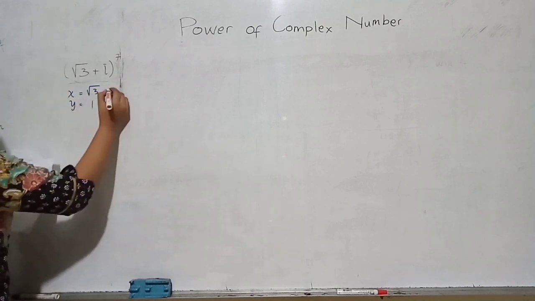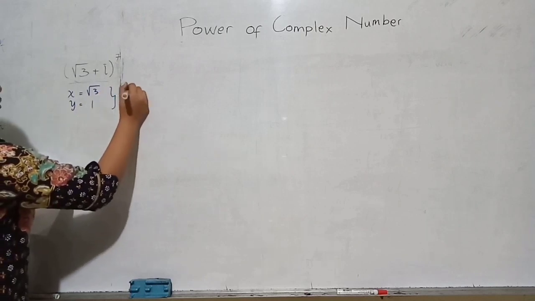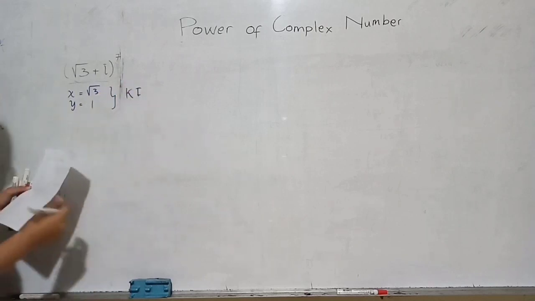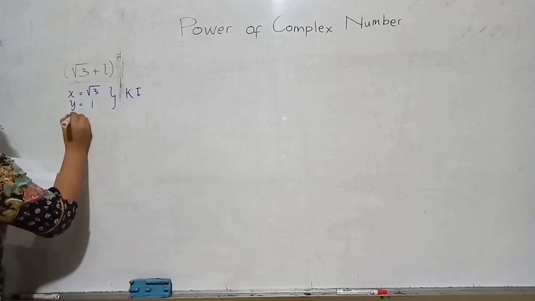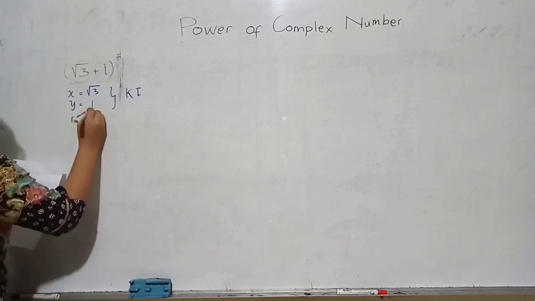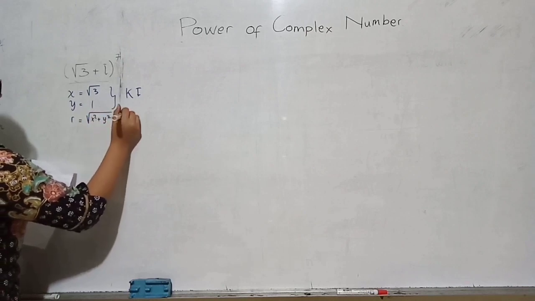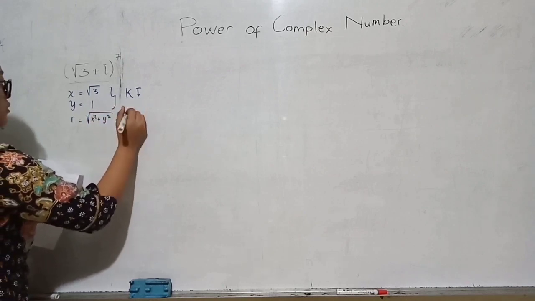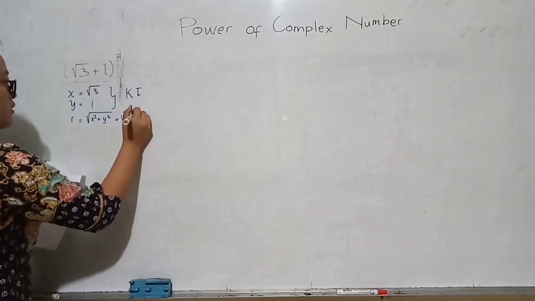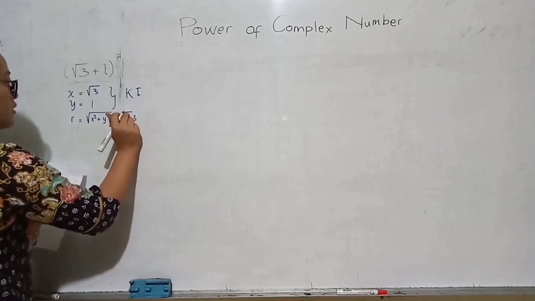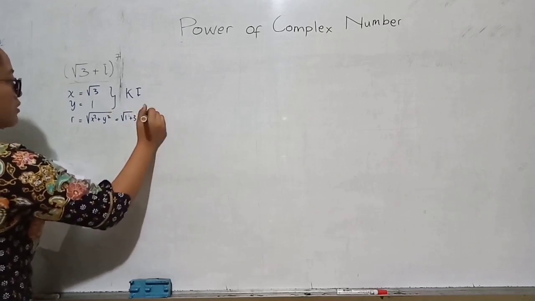From this, we know that it is in first quadrant, and the value of r is square root of x squared plus y squared. It's equal to 2.